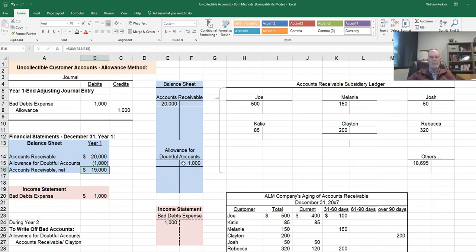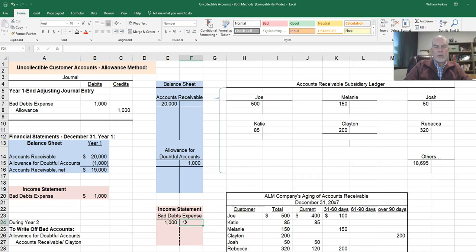So for example, we did this first adjusting entry at the end of year one. And then the balance sheet showed $19,000 of net accounts receivable, $20,000 total minus the allowance of $1,000. And the bad debt expense on the income statement was also $1,000, subtracted along with all the other expenses. The bad debt expense, of course, would be closed at the end of the year, but not the allowance account. The allowance account is not a temporary account.